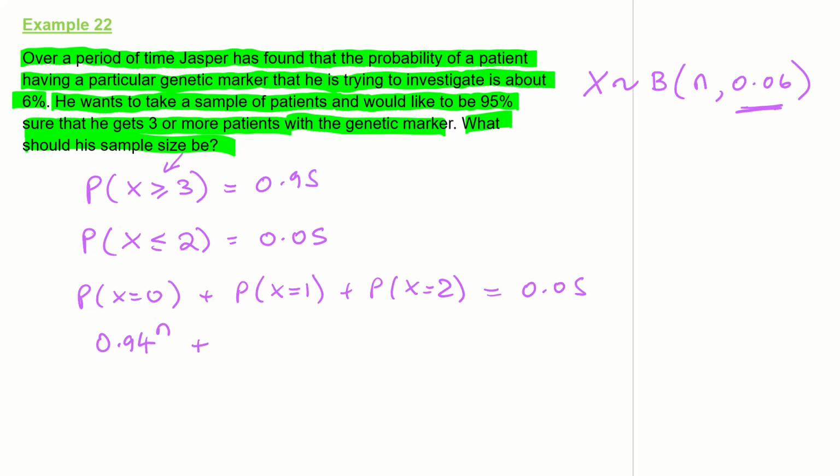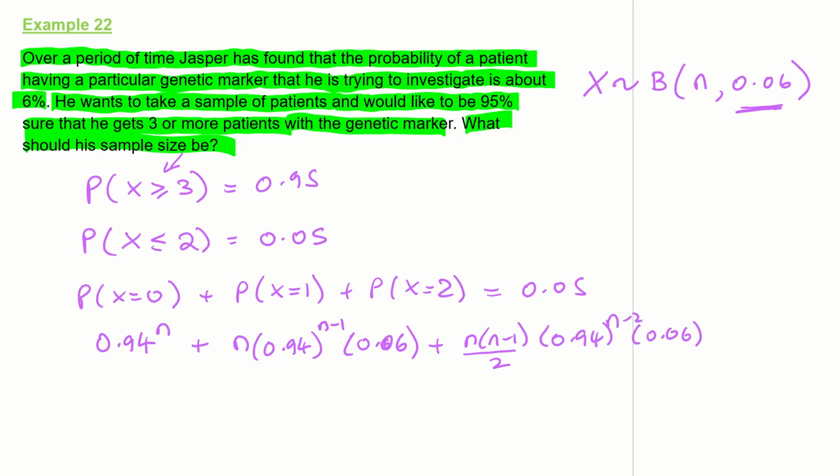Then using the binomial, this one is n times 0.94 to the n minus 1 times 0.06. And then X equals 2 is n choose 2, times 0.94 to the n minus 2, times 0.06 squared, and put that equal to 0.05.